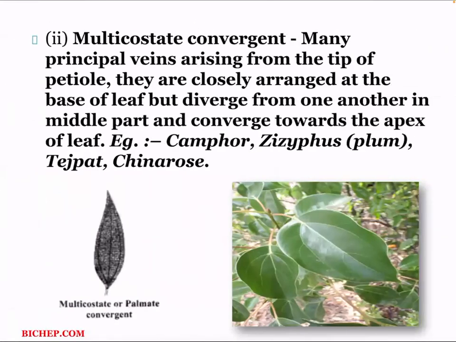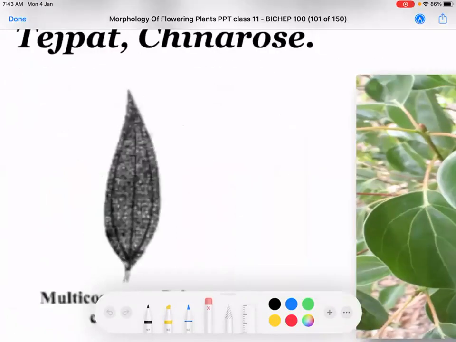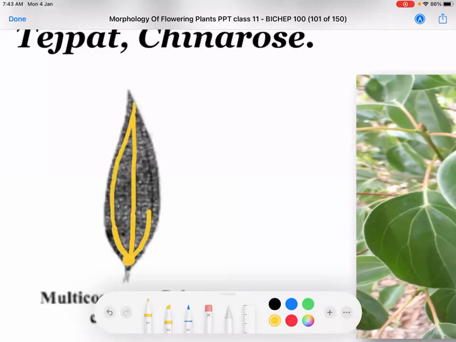Now, convergent, merging again at the end. Ready? Here, if you see, this is the starting point. Now, vein number 1, vein number 2, vein number 3, and all are merging at the end here.